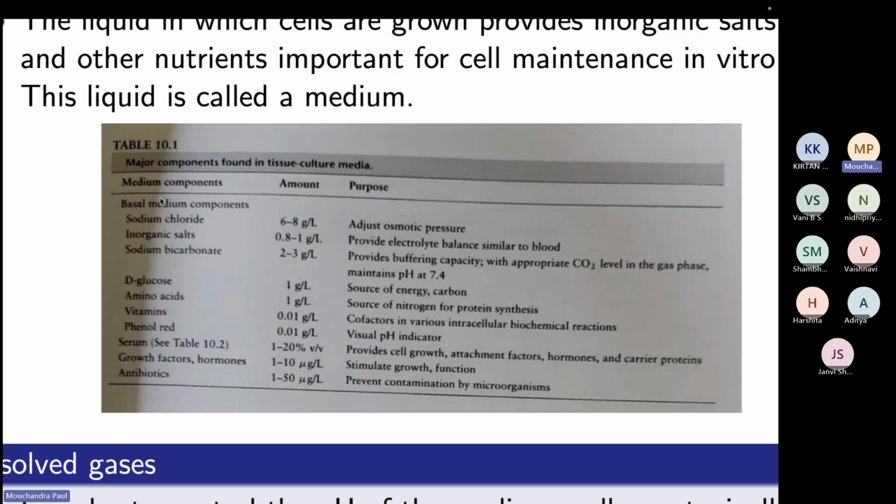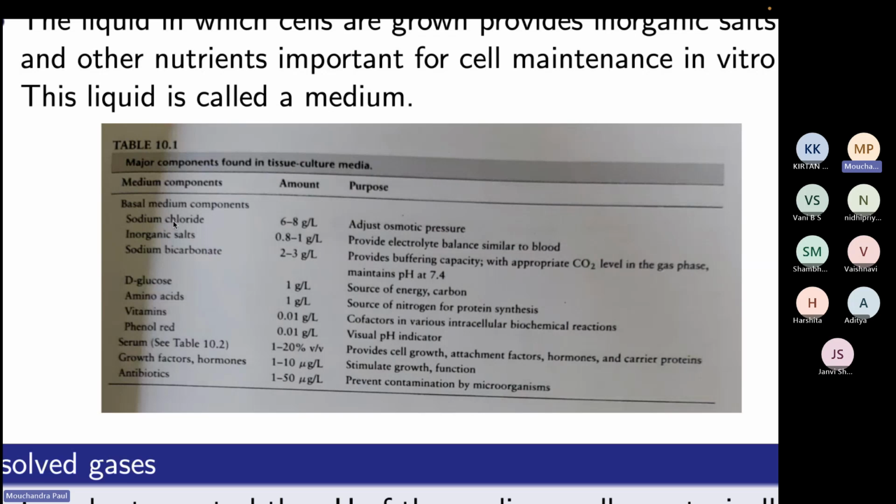Basal also means the precursor media, you can think of it like that. When we add additional supplements like growth factors or antibiotics, then the medium composition is complete. In this way we distinguish between basal media and complete media.